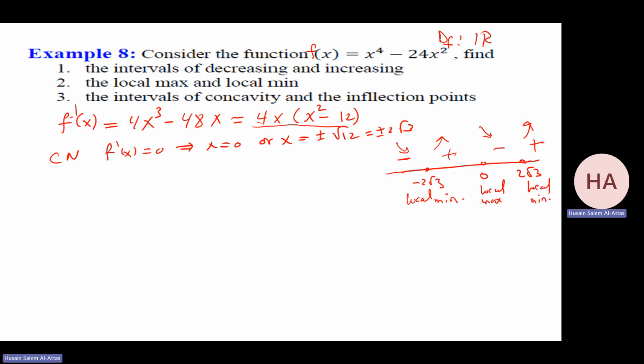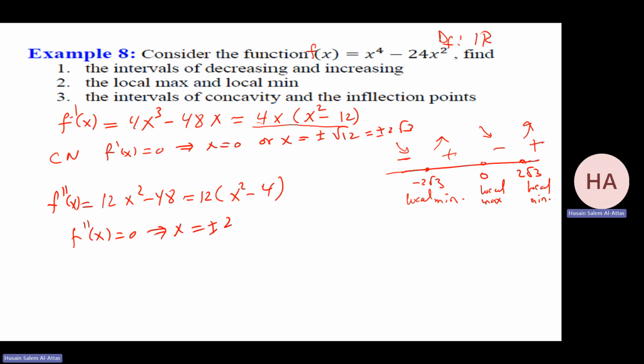Okay, f double prime will give me what? Derivative of this, 12x squared minus 48. And that gives me what? 12 times x squared minus 4. So f double prime equals 0 will give me x equals plus or minus 2.